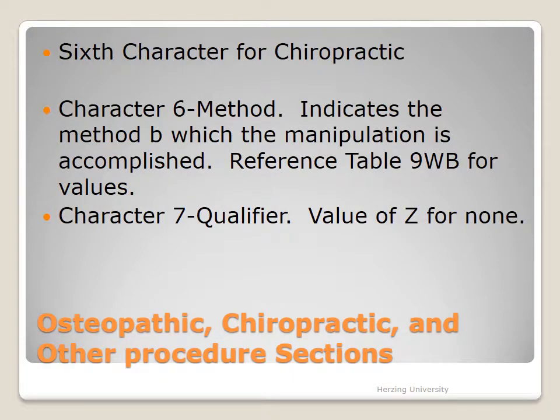The method of manipulation is identified in the sixth character position of the chiropractic section. Several methods coded from this table are categorized as non-manual, indirect visceral, extra-articular, direct visceral, long lever specific contact, short lever specific contact, long and short lever specific contact, mechanically assisted, and other methods.